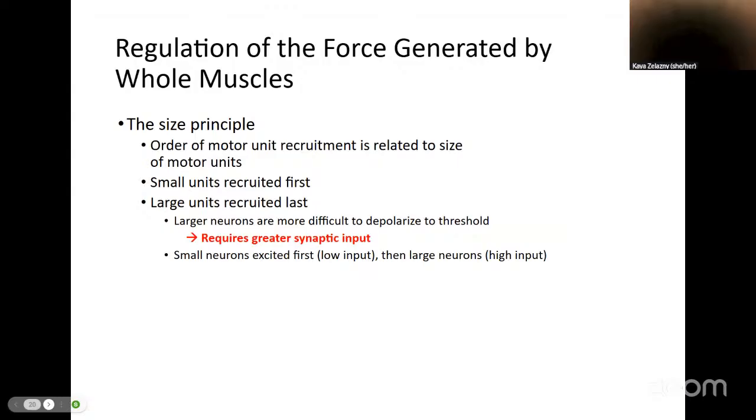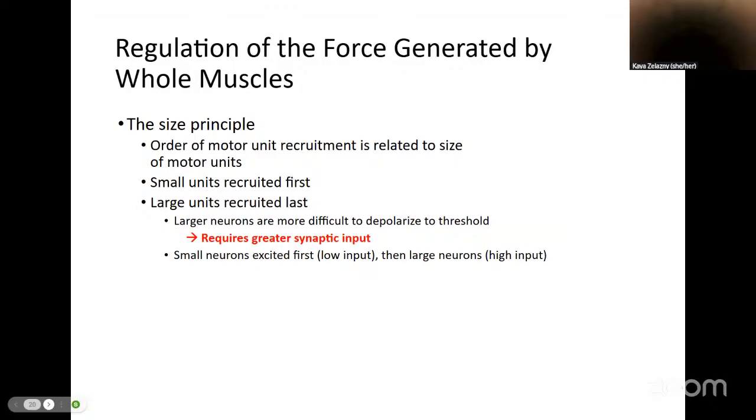Because you have to have more channels open to let more sodium in. It's just going to take a bit more to actually be able to depolarize the large neuron and then these large motor units. So this requires more signaling from our synapses in the central nervous system before we send signals out to our periphery on these motor neurons in order to actually recruit these larger motor units.